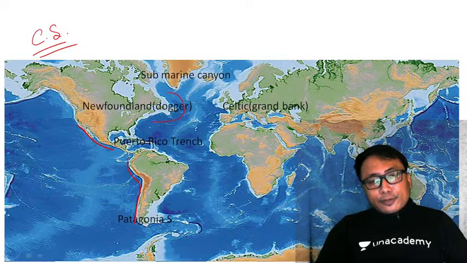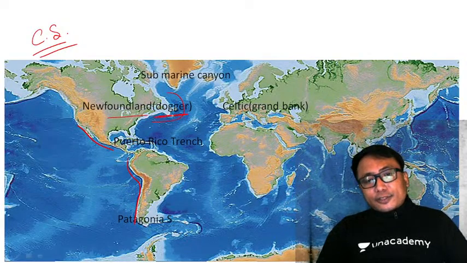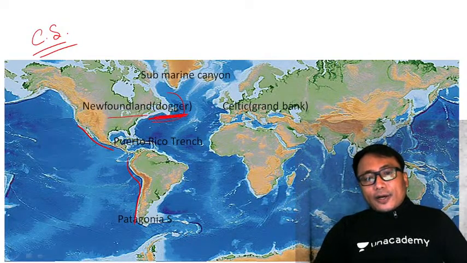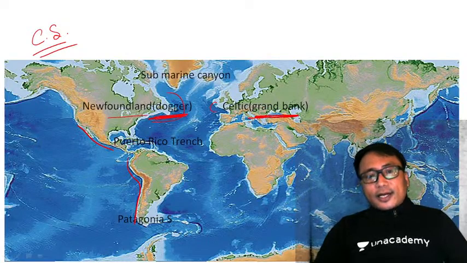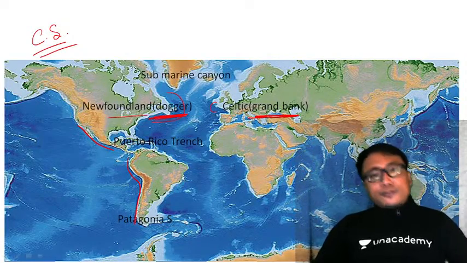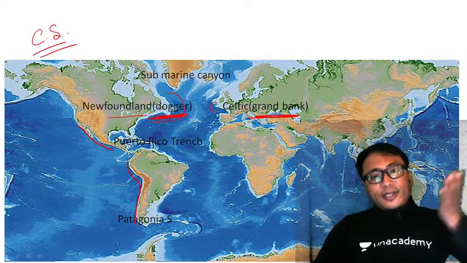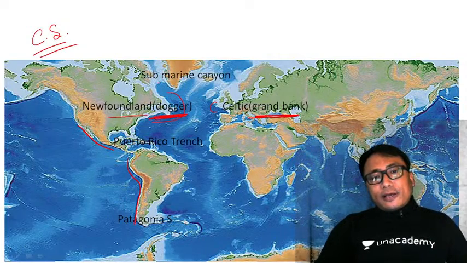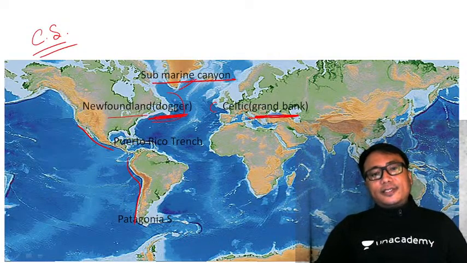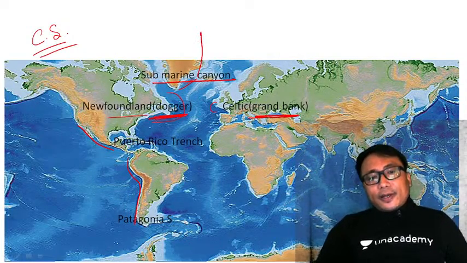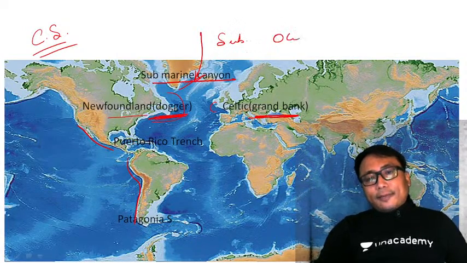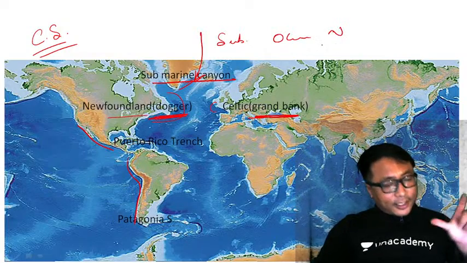Like here also you will find in the Newfoundland area, this is known as Dogger Bank, or in this Celtic region it is known as Grand Bank. And because of having this extensive continental shelf, you will also have submarine canyons in this. Actually, there is a very important submarine or ocean cable network, telecommunication cable.